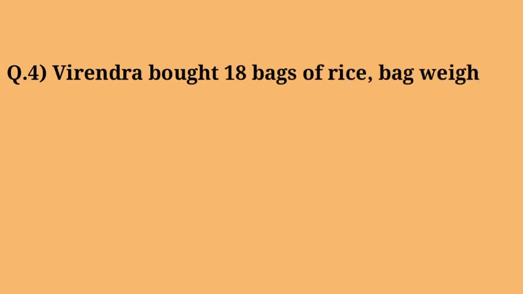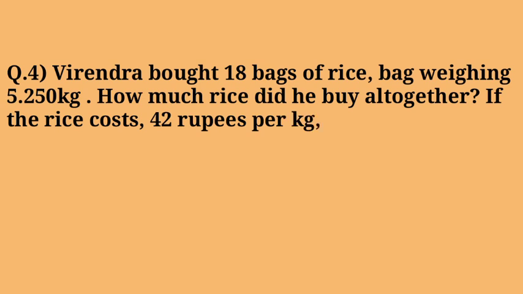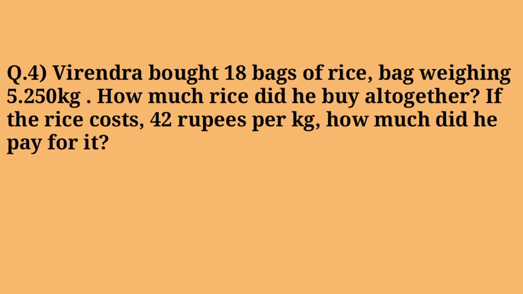See the question. Virendra bought 18 bags of rice, each bag weighing 5.250 kg. How much rice did he buy altogether? If the rice cost 42 rupees per kg, how much did he pay for it? Means in this question we have to find out two things.